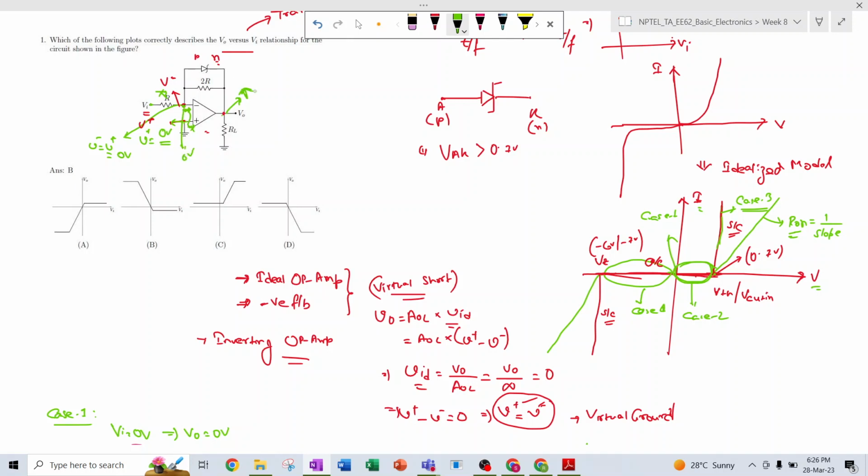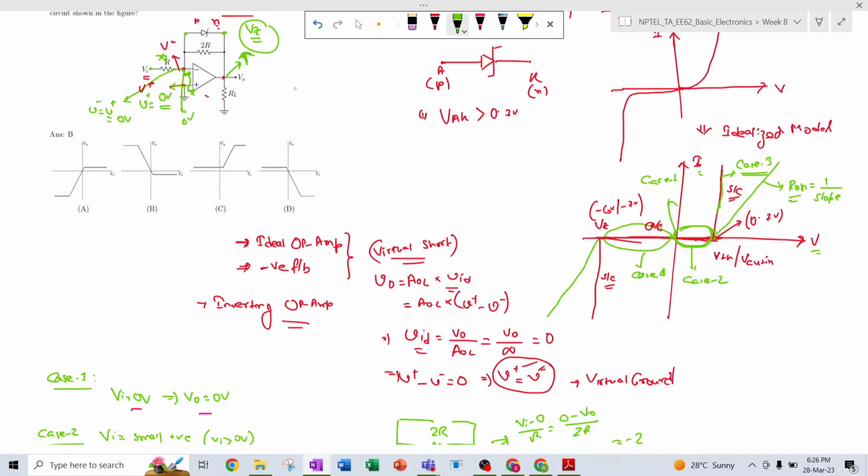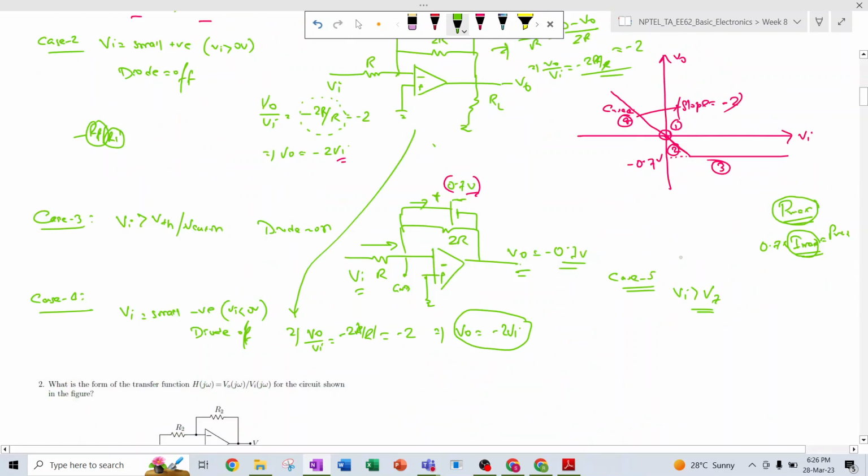At a certain point this point is basically VO and this point is ground, so it exceeds the Zener voltage. This negative terminal is much higher than the positive terminal, so the Zener breakdown occurs, so it is greater than Vz.